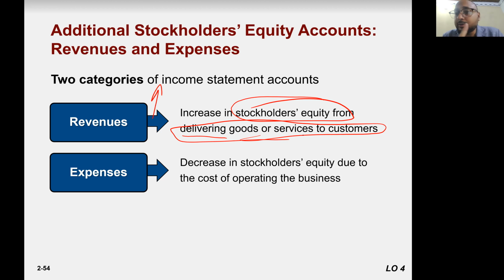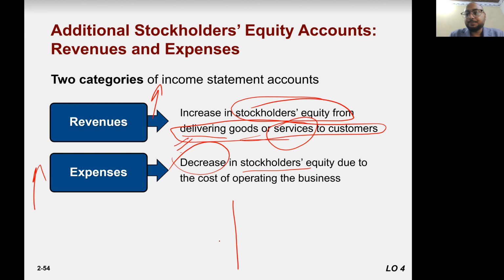Office chairs are not your normal business. You are delivering banking services, not selling furniture. So that is not your revenue. Revenue is always selling your goods or services, which is your primary business. Expenses decrease the stockholder equity. If expenses increase, stockholder equity decreases.